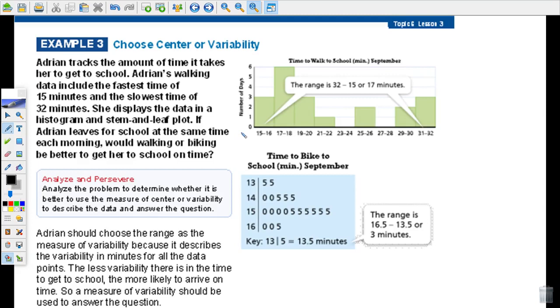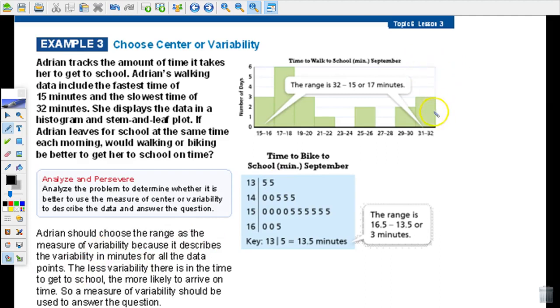I don't know what kind of person walks faster than they bike because that doesn't make any sense to me. But if they really want to ask us this question, you can see it right here. They're saying Adrian should choose the range as the measure of variability because it describes variability in minutes for all the data points.